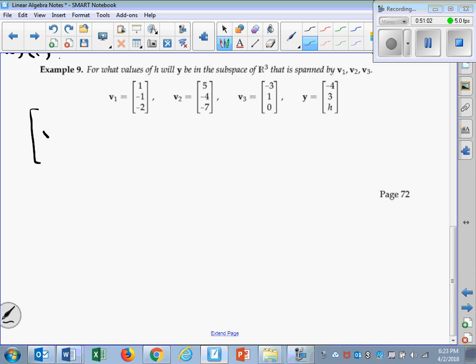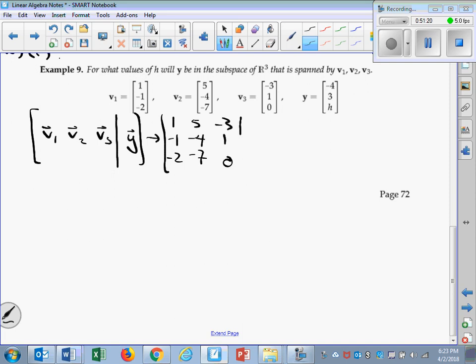So what we are asking is the same question as putting v1, v2, v3 augmented with the vector y, and then we want to row reduce. So this is 1, -1, -2, 5, -4, -7, -3, 1, 0, and -4, 3, and h. Now let's start our row reduction.